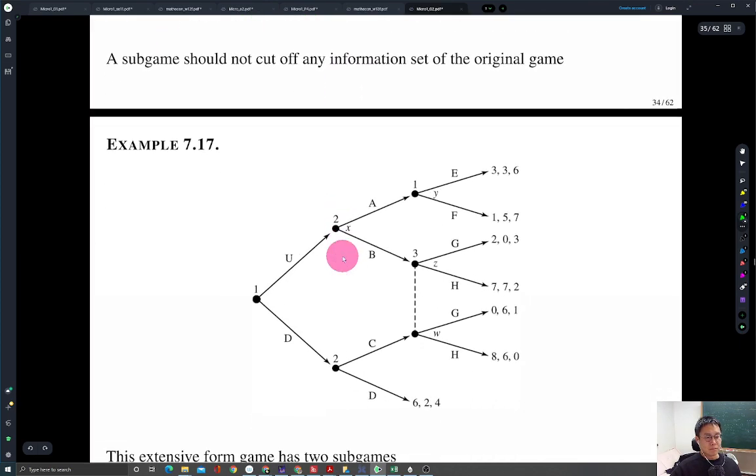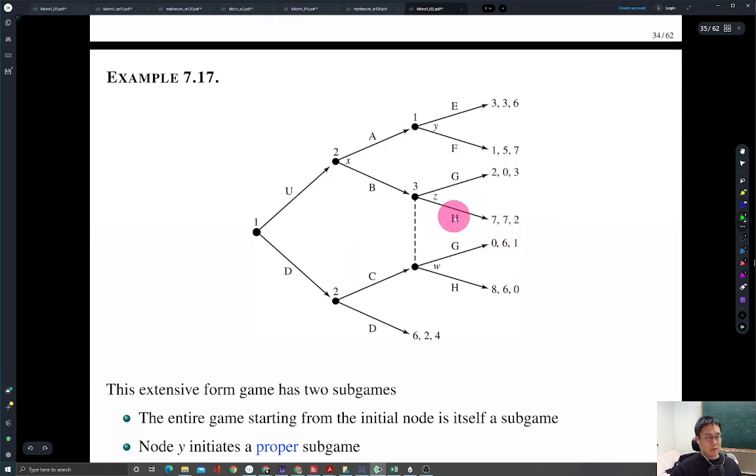So let me show you one more example in the next slide. In this game, if you think about how many subgames exist, from this node Y, this portion can be taken as a subgame.